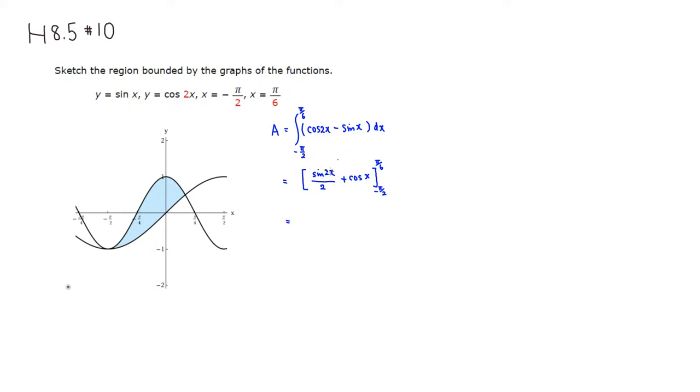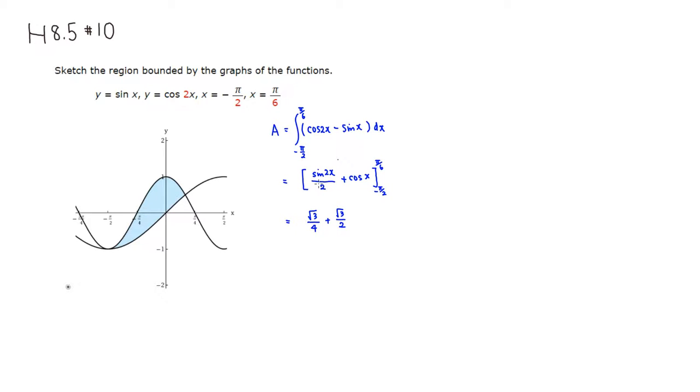Sine of pi over 3 is square root of 3 over 2, and there's a 2 again, so it's square root of 3 over 4. And plus cosine of pi over 6, which is square root of 3 over 2.